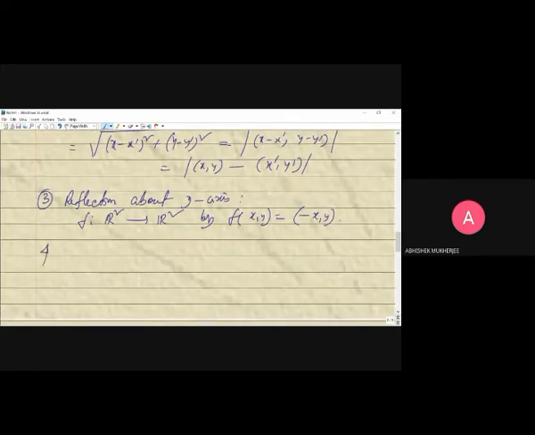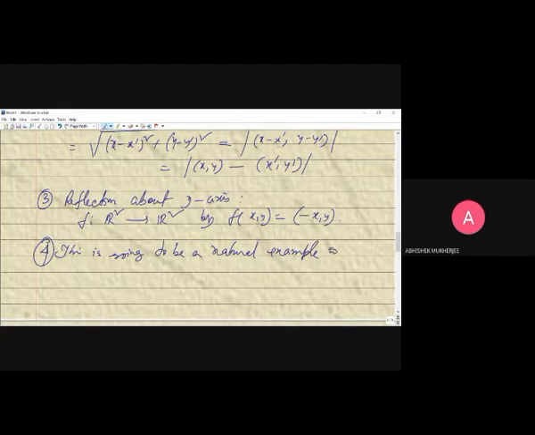Number 4. So this is going to be a natural example of an isometry which comes to our mind. It is a rotation. Rotation, what does it mean?